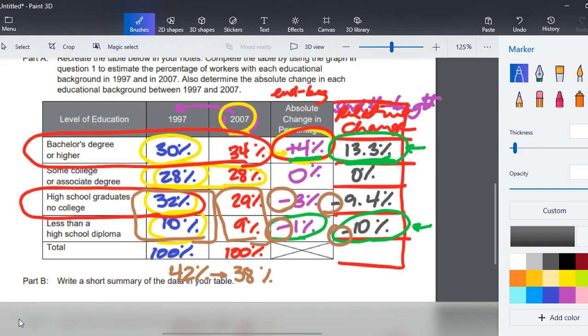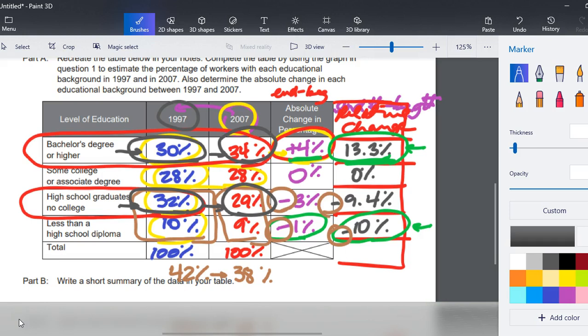So in question 4, it says analyze the graph and the table of values and write a summary about how the educational composition of the workforce changed. And something to focus on is even a shift right here, where high school, no college was higher than bachelor's degree in 97, but by the time we get 10 years later, it's switched, where now you have more with a bachelor's degree than those with high school graduates and no college.